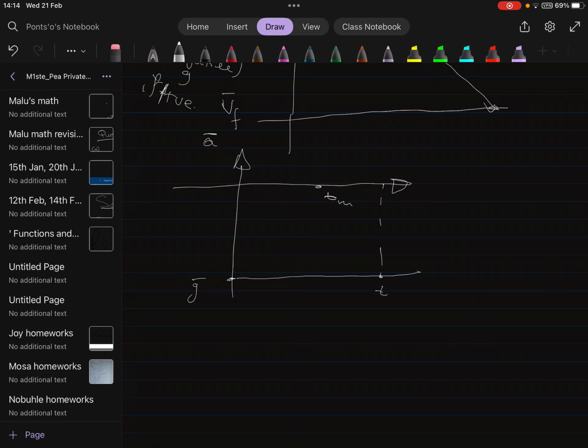So that would be Tm, and somewhere there would be T final, this is time in seconds, and over there is our acceleration. So because our acceleration is constant, we just have a straight horizontal line like that.